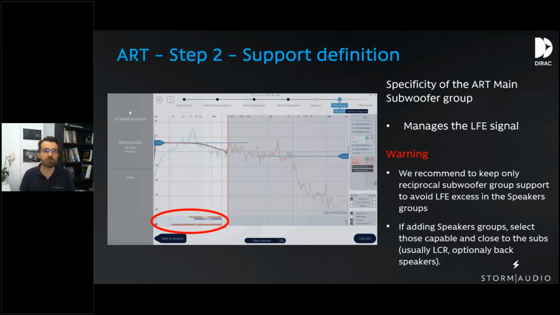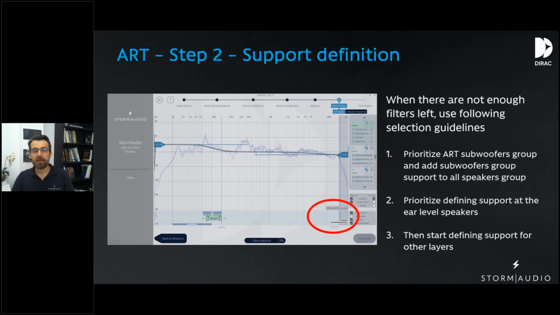So that was extremely nice. So that's one interesting tip. You can try to use more, but we don't recommend that. We do recommend to keep the LFE in speakers that are close to your subwoofers and capable. So that's key about the subwoofer groups.